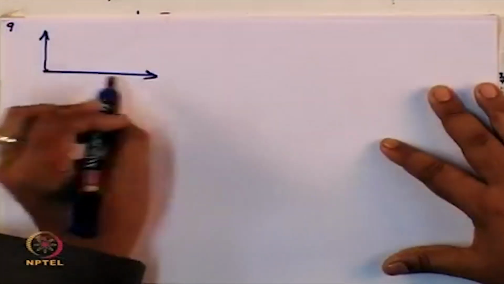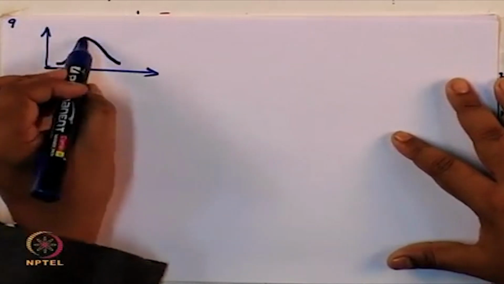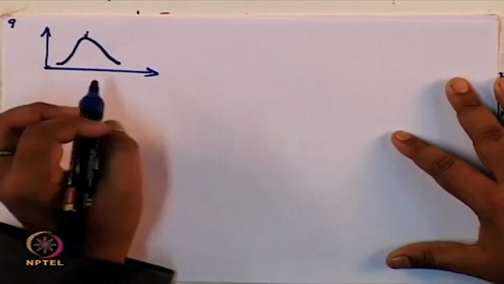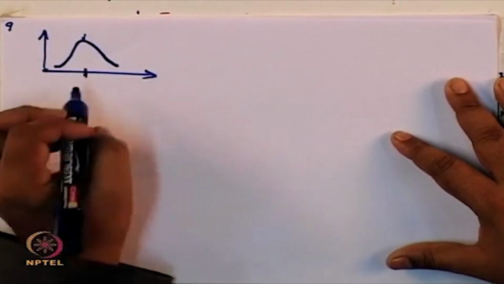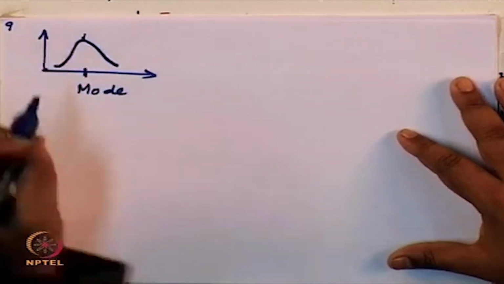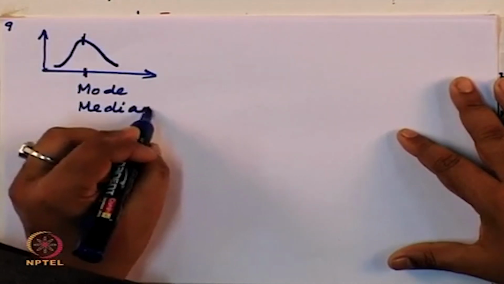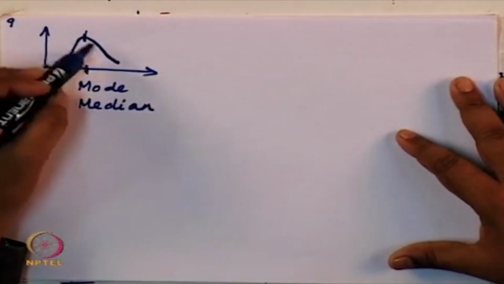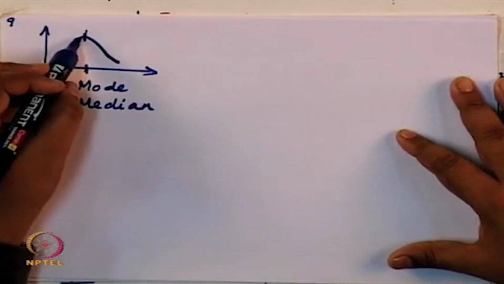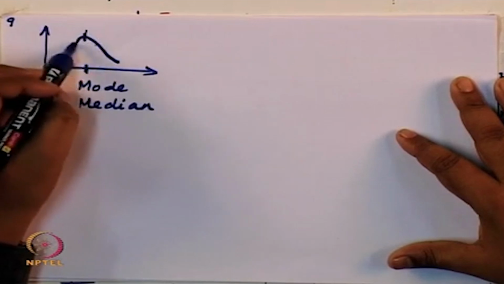And what you can also observe from this distribution, since this is symmetric about the center, this is also the mode. Why? Because this is the maximum occurring value, and this is also the median. Because this is a symmetric distribution, and for every point to the left there is another point to the right which is occurring at identical frequency.